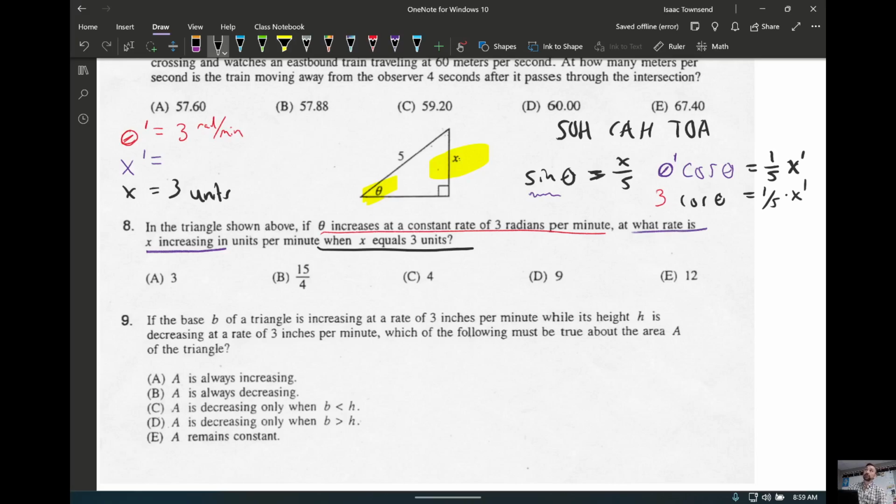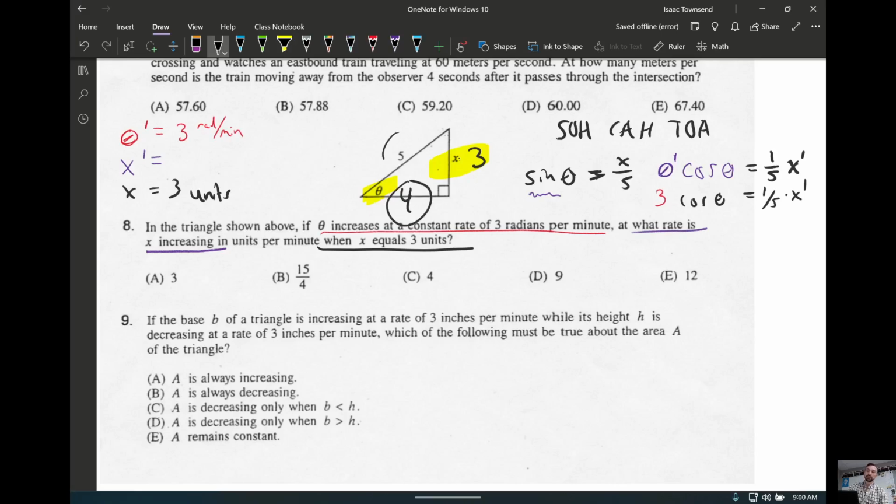The last thing we need to substitute here is I need to plug in theta here or make this replacement for cosine theta. So when x is 3, what does that tell me about this side? 4. Okay, so what does that mean the cosine at that point is?